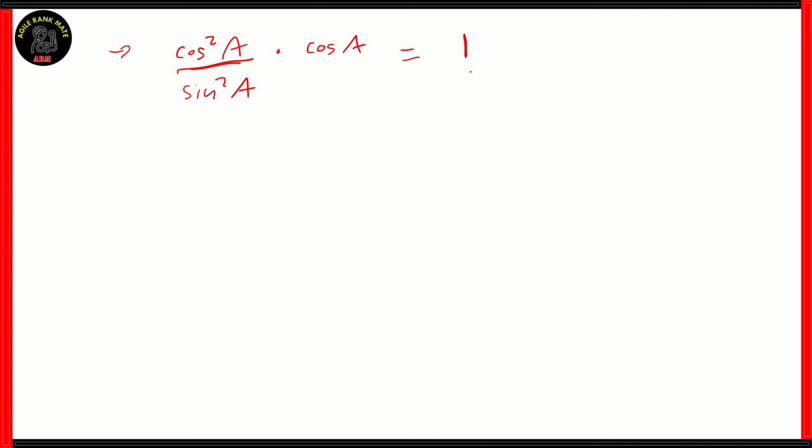So we will take this cos A to the right-hand side. So on the left-hand side, we have cos squared A over sin squared A. Cos over sin gives you cot. So the left-hand side is cot squared A. And the right-hand side is 1 by cos A. So the inverse of the cos function is the sec function.